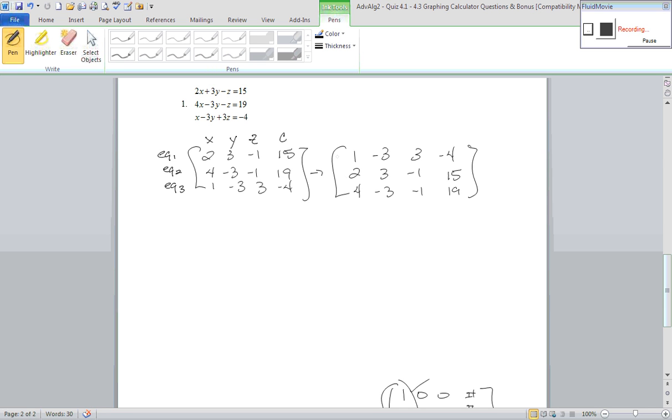In order to cancel this out, I need to multiply this by -2. So -2 times this row gives me -2, +6, -6, +8. And then I have row 2, which is 2, 3, -1, and 15. When I add these, 0, 9, -7, 23.